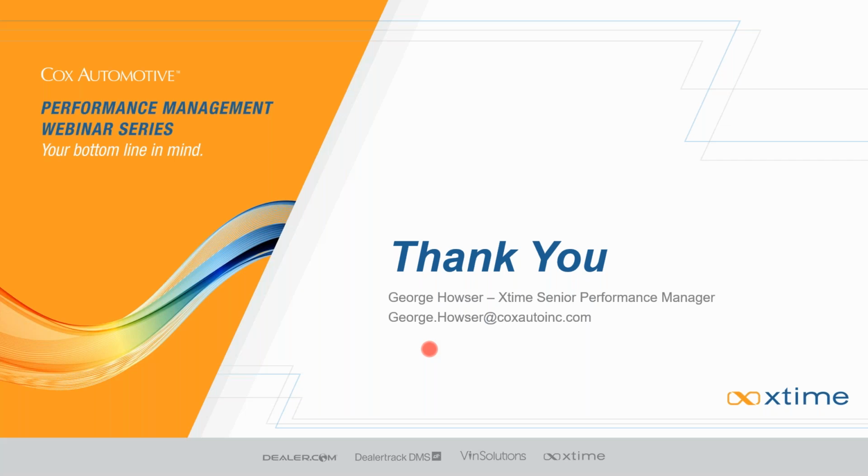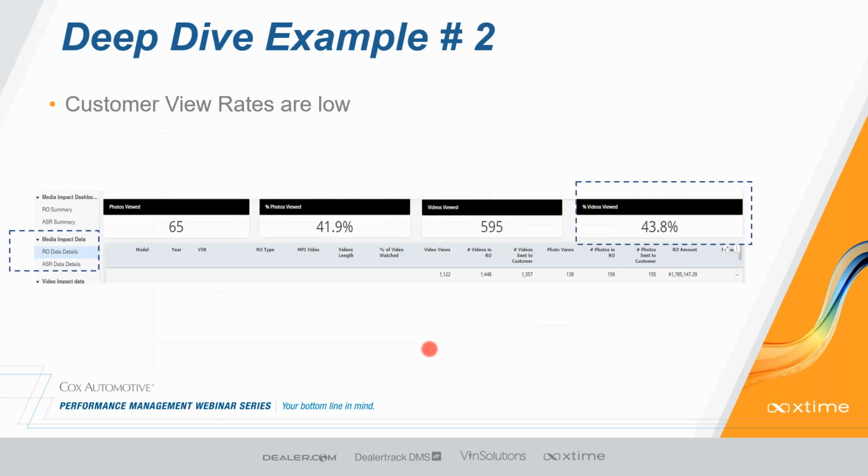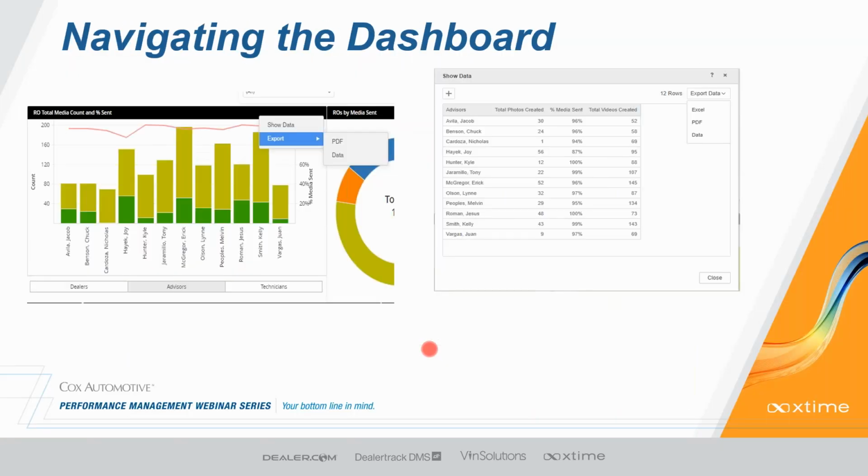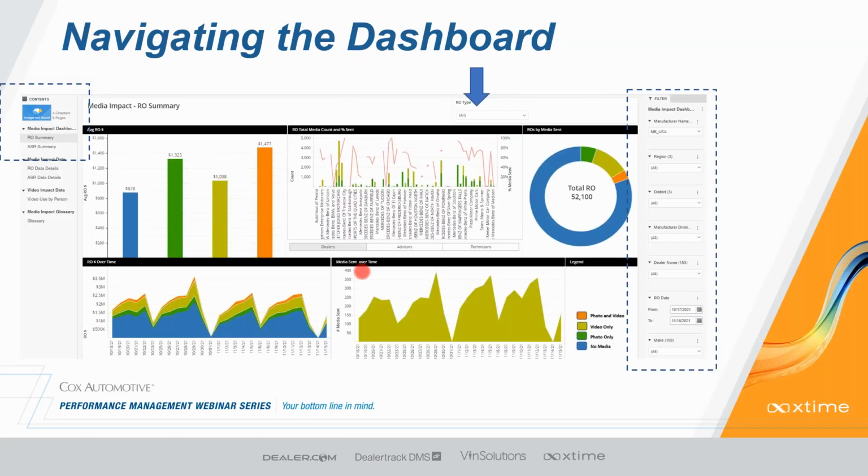Yeah, so if we're talking about the reporting from a dashboard perspective, let me go back to that screen. If we're looking at RO summary and ASR summary, those are two very distinct things.